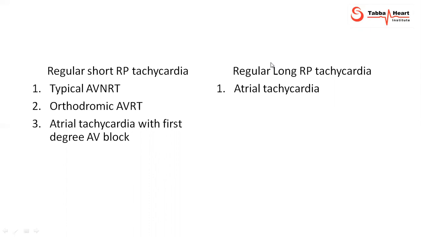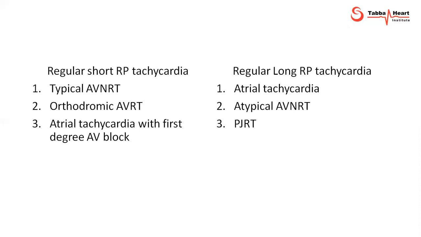In long RP, the most common is atrial tachycardia, followed by atypical AVNRT. So if it is long RP, then orthodromic AVRT becomes least likely. PJRT is a form of clinical diagnosis where the pathway is retrogradely conducting and decremental. That is why there's long RP. Normally, accessory pathways don't do that.